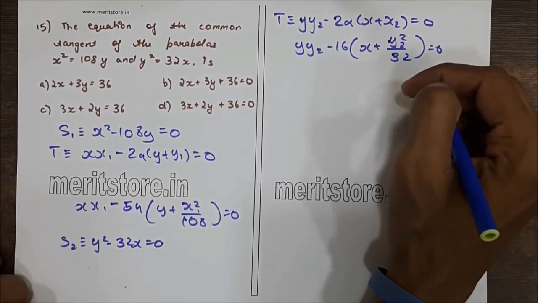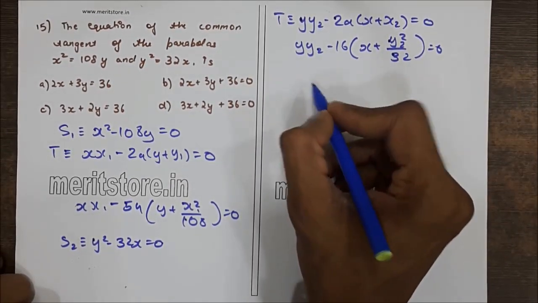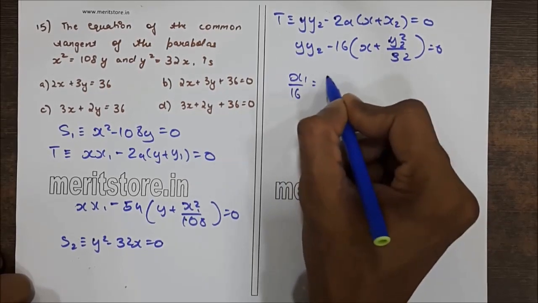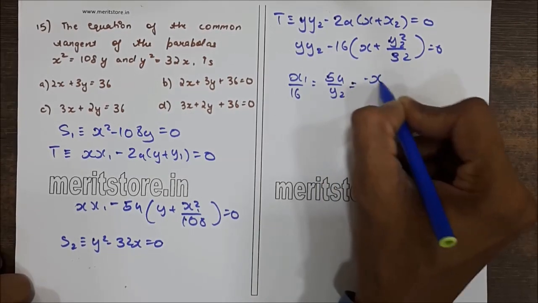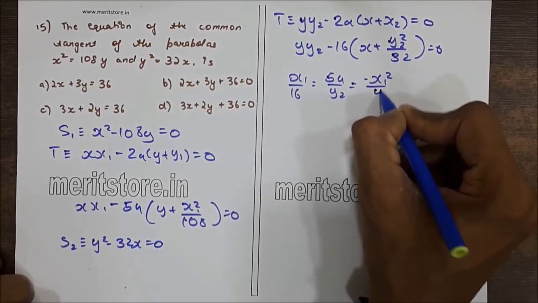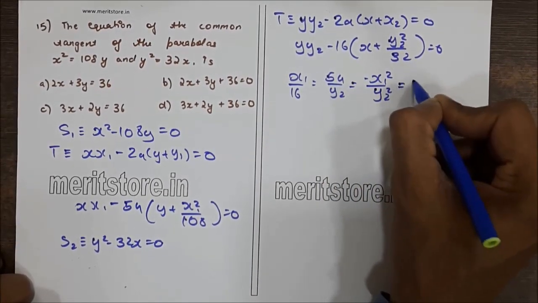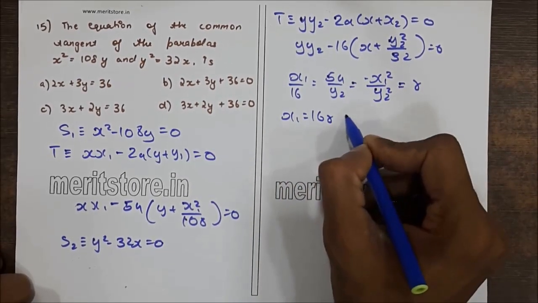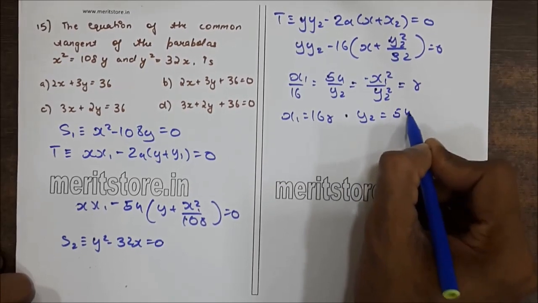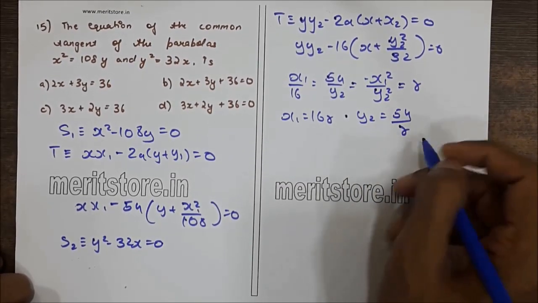This can further be written as x1 upon 16 equal to 54 by y2 equal to minus x1 square upon y2 square equal to r, where we get x1 is equal to 16r and y2 is equal to 54 by r.